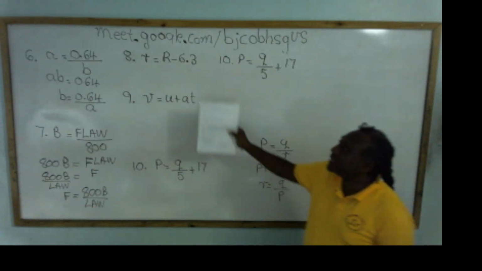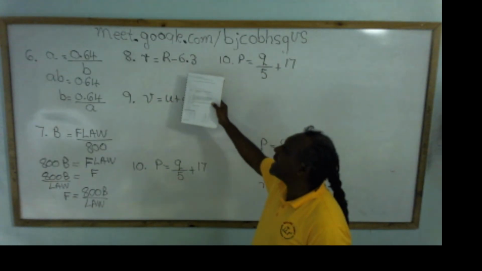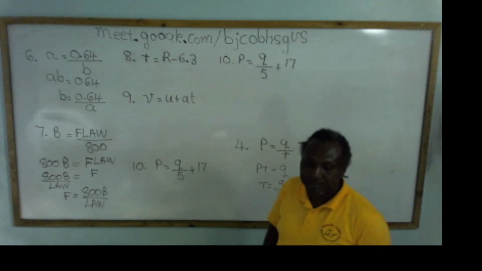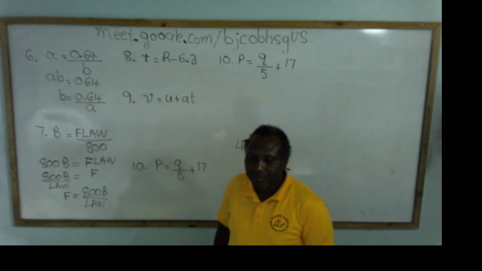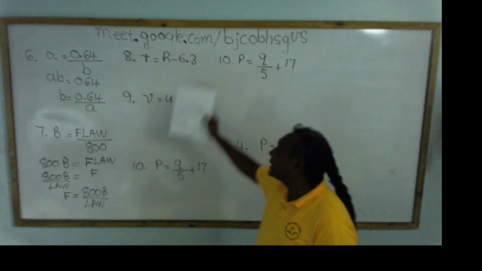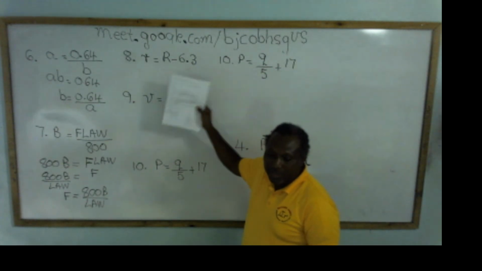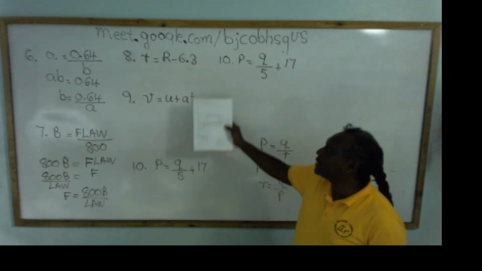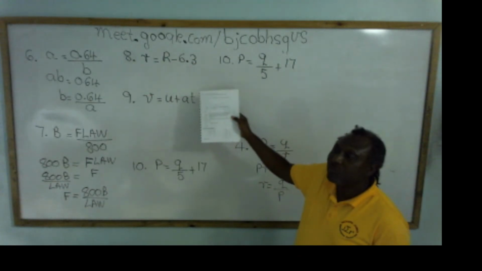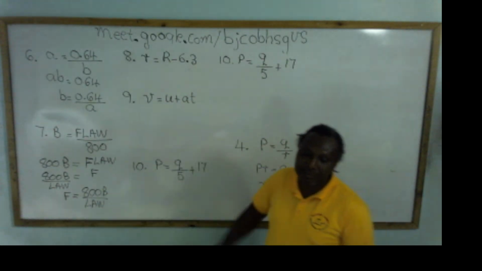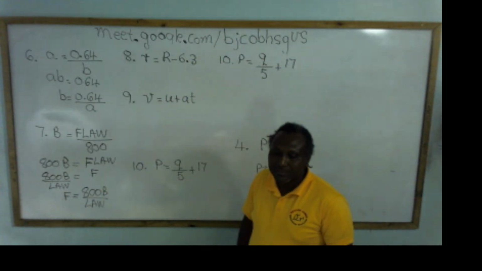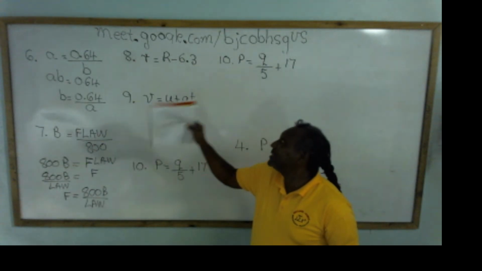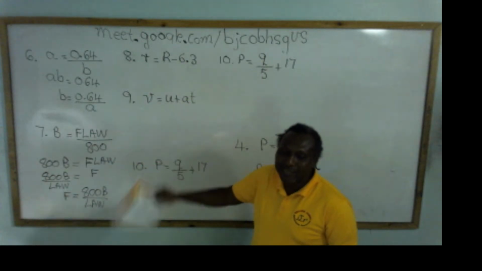And of course, that uppercase R is accompanied by a negative 6.3. So the 6.3 is subtracted from R. Because its relationship with R is subtraction, we will eliminate it by addition. Yes, we are going to eliminate it by addition, and we are going to add 6.3 on the left-hand side also.